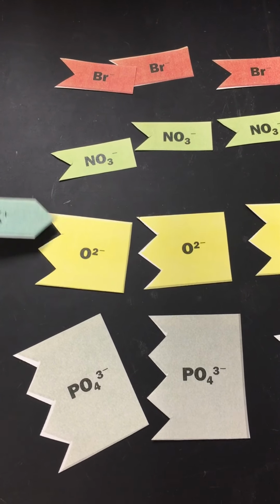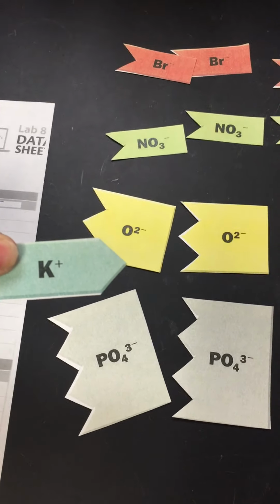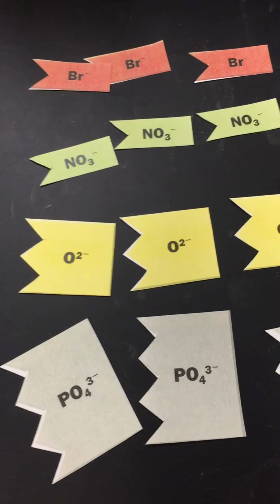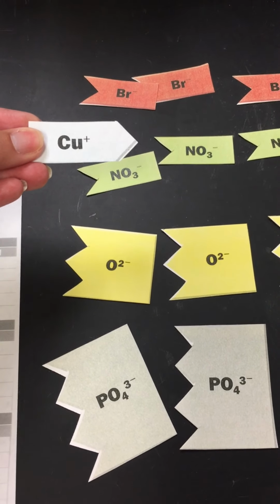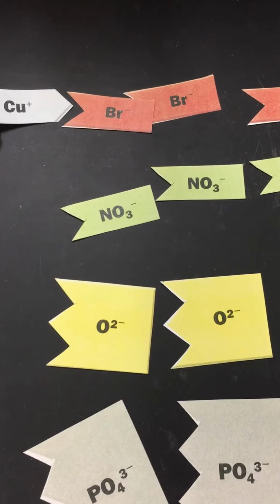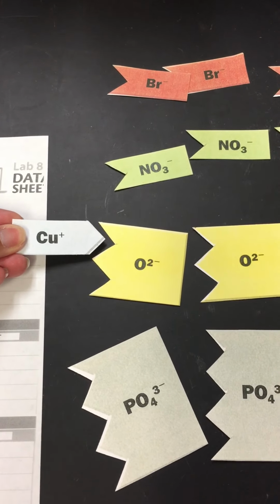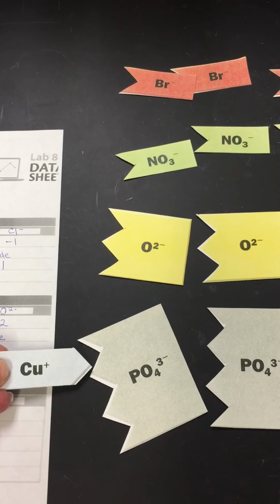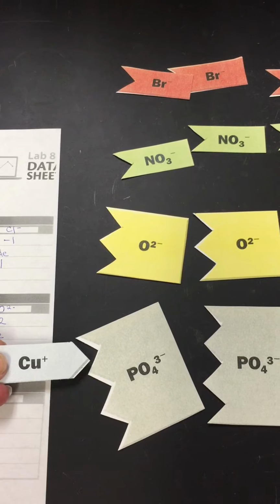Next, I would consider doing potassium with nitrate and potassium with phosphate. Then you know all 4 combinations with potassium are done. Then you could take the next cation, copper plus 1, and do your 4 ionic formula combinations with the copper plus 1. That would be compounds 5 through 8.